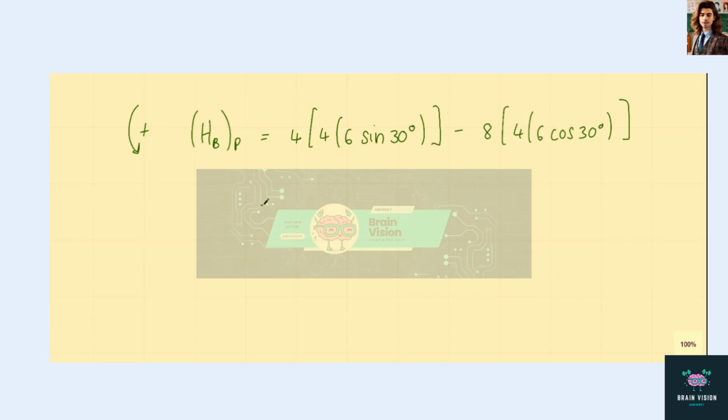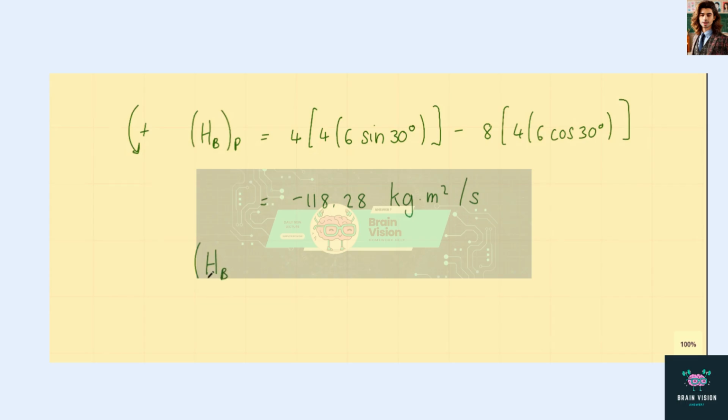And so we get the magnitude of the angular momentum of B around P to be minus 118.28 kg meter squared per second. And since that's the magnitude, we know that the particle is moving about the z-axis.